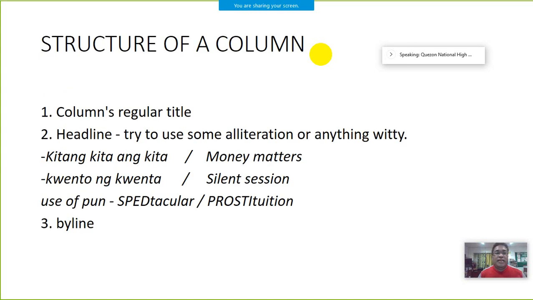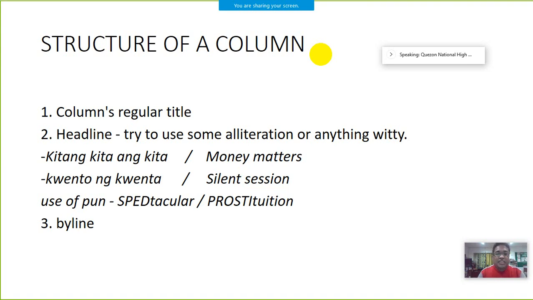Now let's be familiar with the structure of a column. A column should have a regular title. Say, Ink Drops, that is your column. Whenever your publication comes out, you're always the author of that column. It's exclusively for you. Then it also has a headline. In crafting the headline of a column, here are some suggestions.